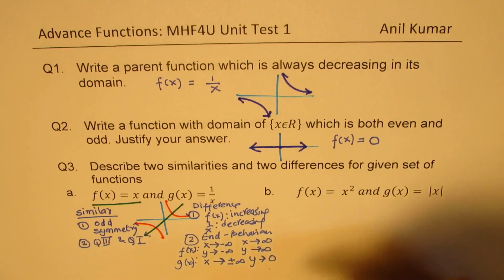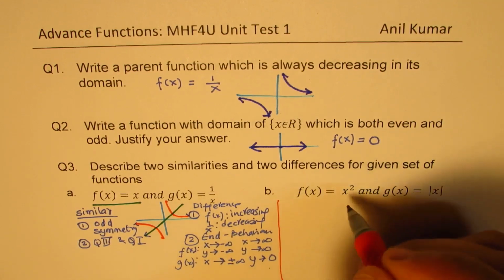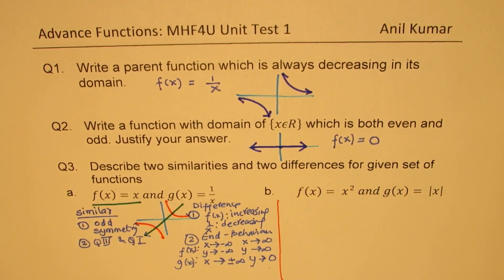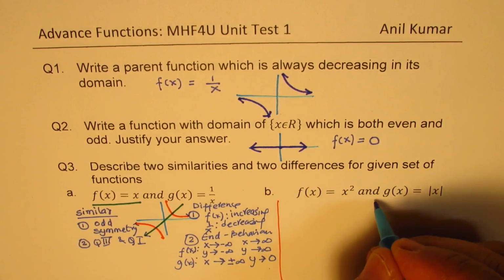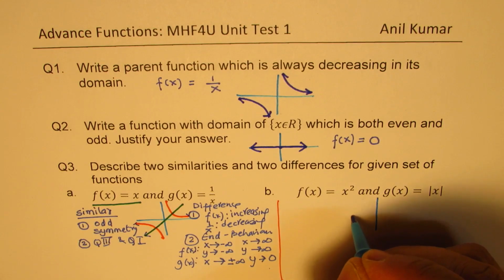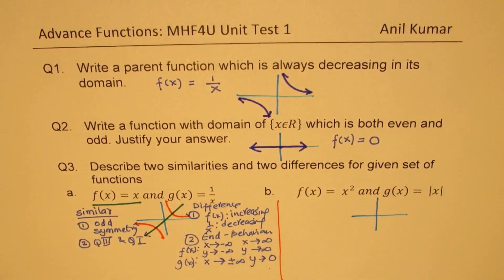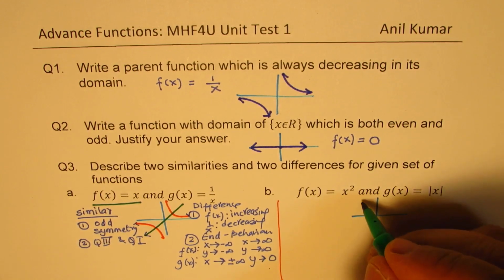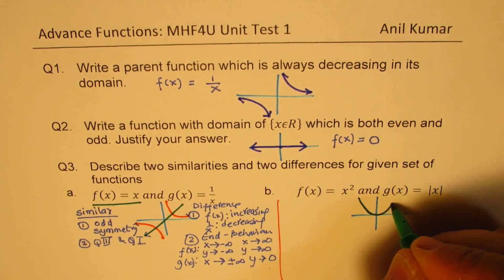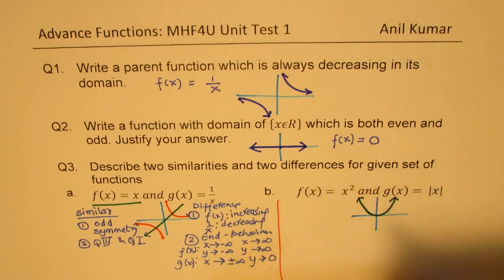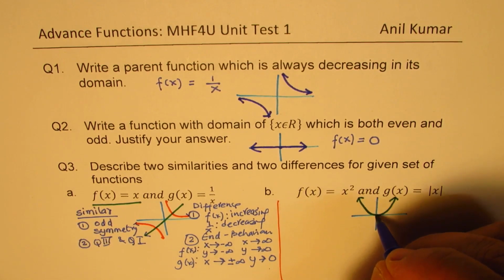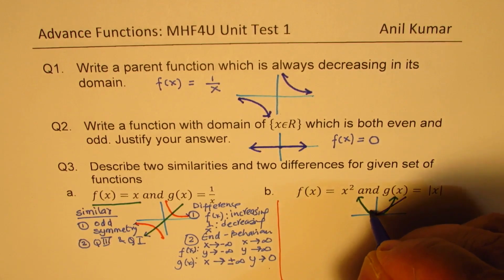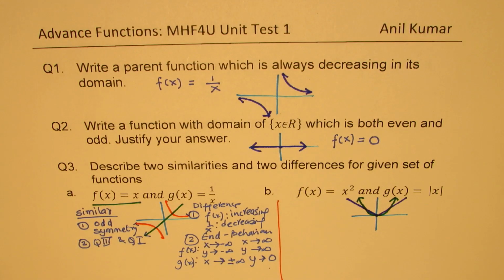Now let's look into the other two. That set is also very common. We are now looking into x square and absolute value of x. So x square is a function which is a parabola, a smooth curve, right? And absolute value of x is something like this, which is a straight line.